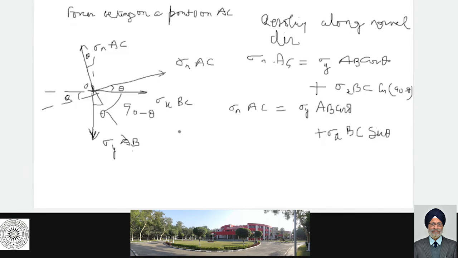So now you can write sigma n, dividing by AC: sigma y AB upon AC, and this is cos theta, plus sigma x into BC upon AC.